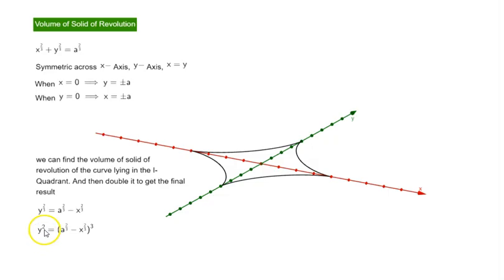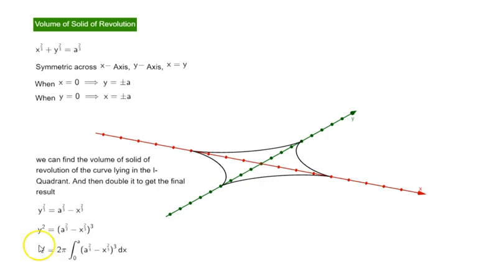Now, y square. So, we are cubing both the sides. So, y square is equal to (a^(2/3) minus x^(2/3)) the whole cube.